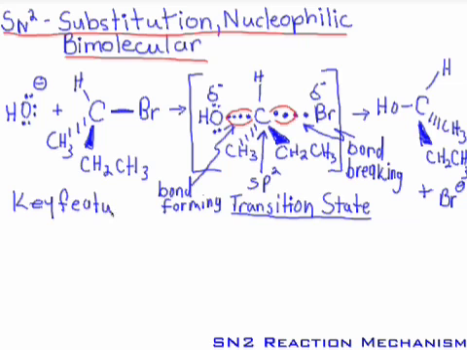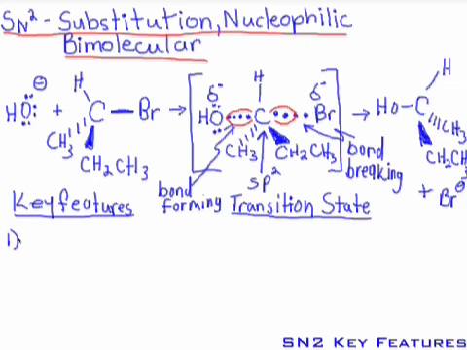So what are the key features of this reaction mechanism? Well, the first key feature is that the reaction is bimolecular. The proper definition of bimolecular is that the formation of the transition state in the rate dependent step, or rate determining step, is dependent upon the concentration of both reagents, or two reagents.